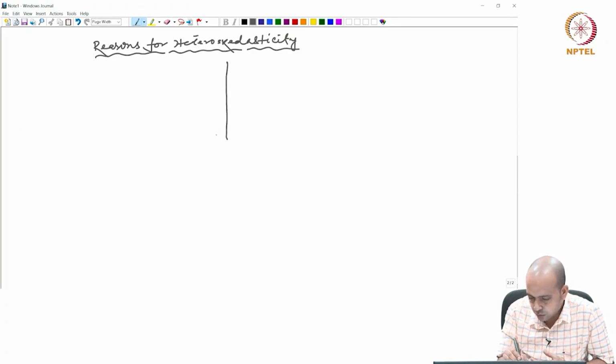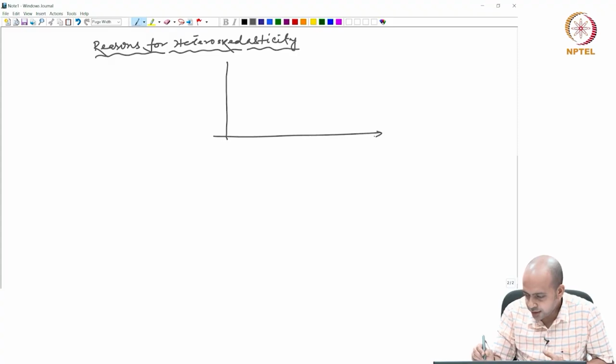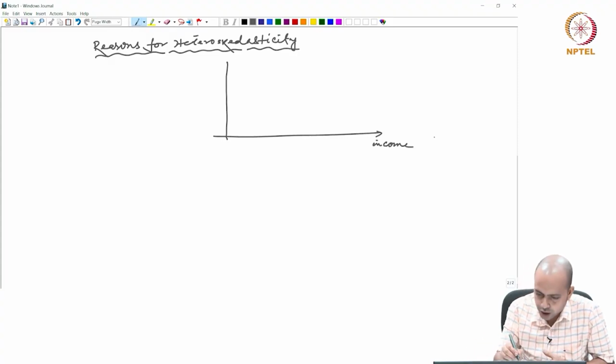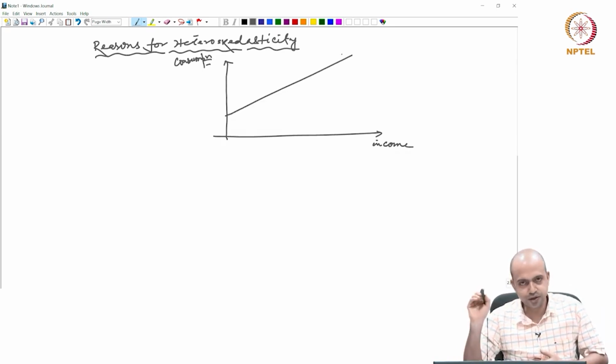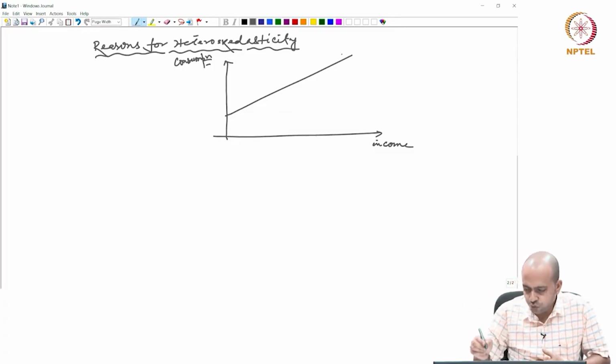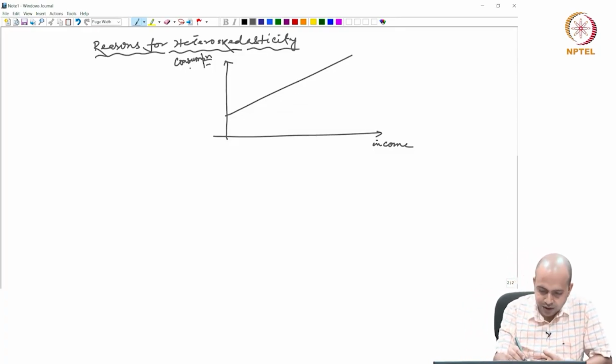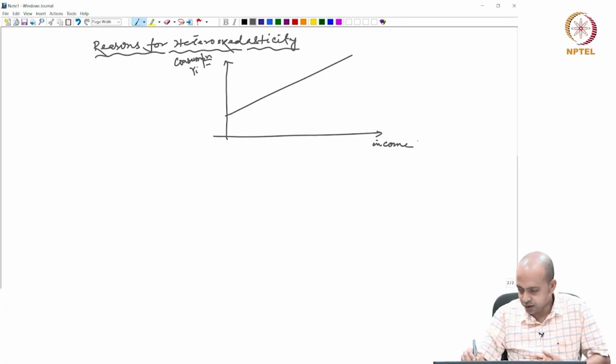Suppose in the x axis I am measuring income and in the y axis I am measuring consumption, right, and let us say this is the regression line that you have estimated. Okay. Now, for any, let us say this is your yi and this is the xi.